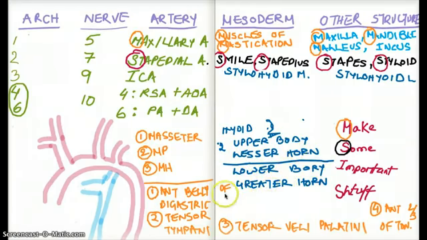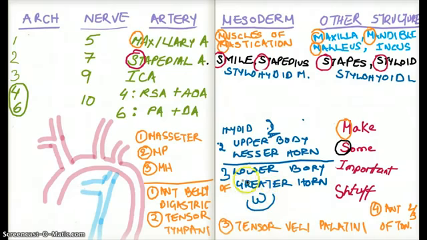Then what about 3? If 2 is upper body lesser horn, 3 lower body greater horn must be 3, right? 2 is upper body lesser horn, 3 is lower body greater horn. How can you remember that? See, 3 has 2 semicircles, and when you rotate the 3, you get a lower body action, right?